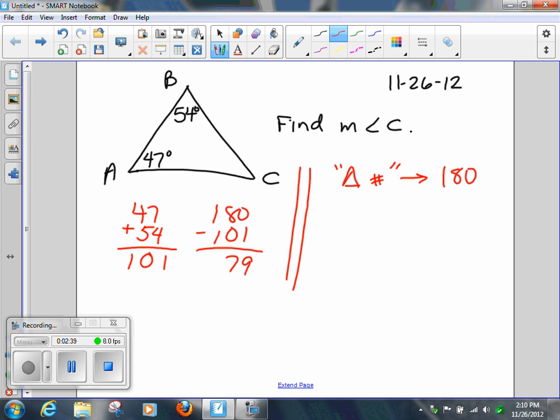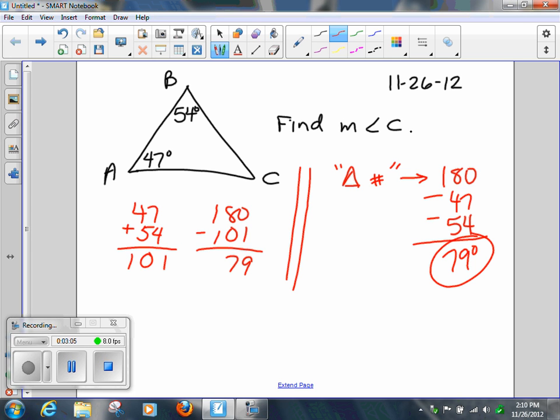I go 180 minus the two angles that I'm given, minus 47, minus 54, because calculator-wise, let's face it, how many of us are going to blow up our calculator? Me too. I'm going to blow my calculator up and figure out that that missing angle is 79 degrees.